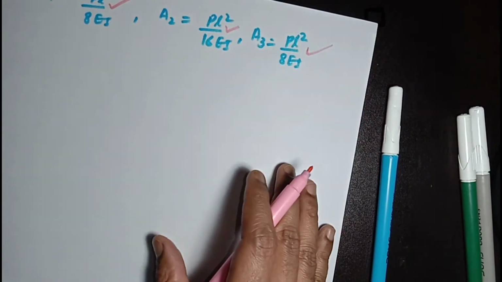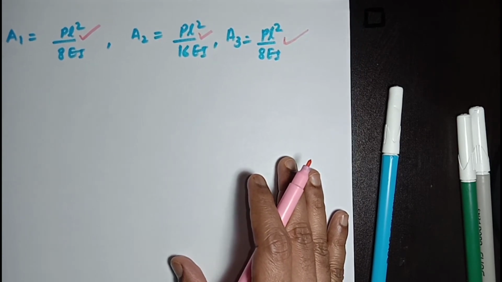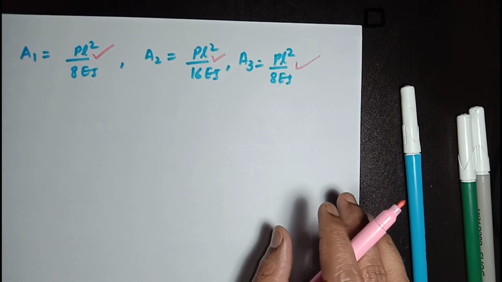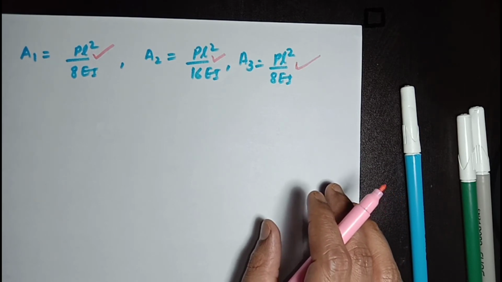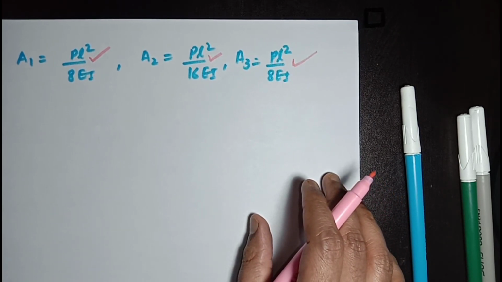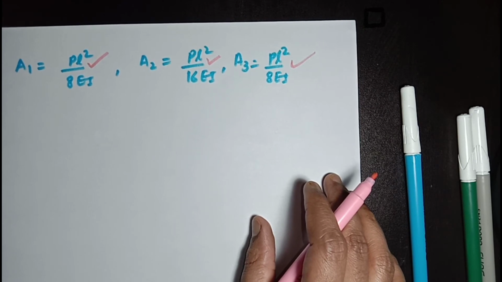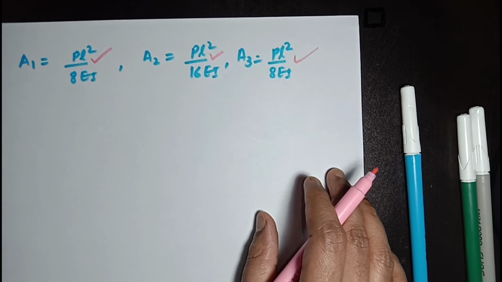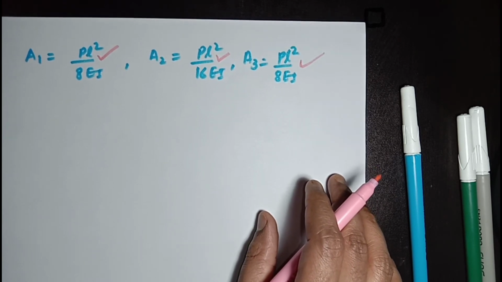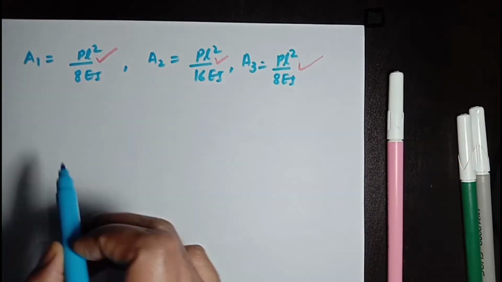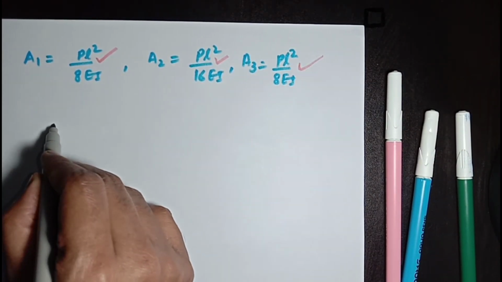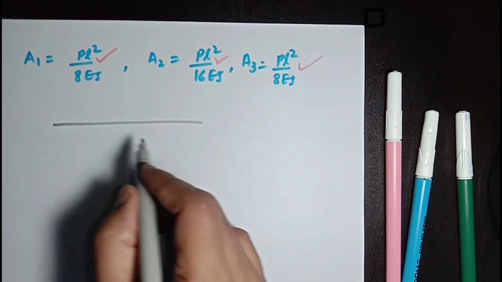We are done with the area calculation of the regions into which we have divided the entire area, and we are going to find the centroid of the respective regions with respect to the reference point. The reference point is B. So again we are redrawing the same M over EI diagram.